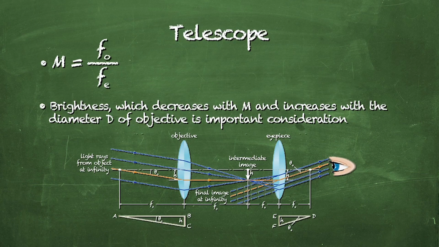The brightness, however, increases with the diameter of the objective lens, which is why the diameter of a telescope's objective lens is the quantity that you often see quoted when referring to how strong a telescope is, as opposed to its magnification.